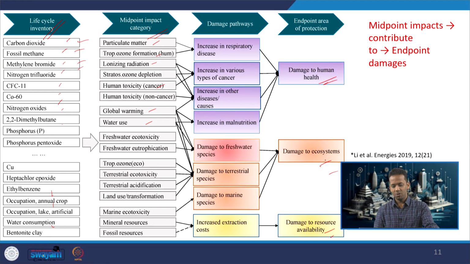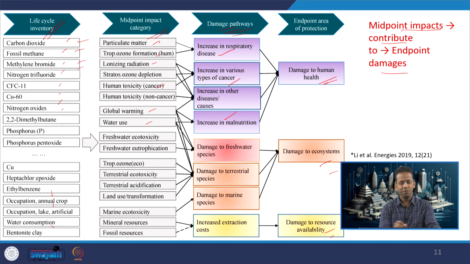So, in human health, which specific aspects, what would be the pathway of the damage, whether it is respiratory disease or cancer or malnutrition, that sets the damage pathway. So, midpoint impact categories lead to endpoint damages through certain pathways, and those are called damage pathways. So, midpoint impacts contribute to endpoint damages.